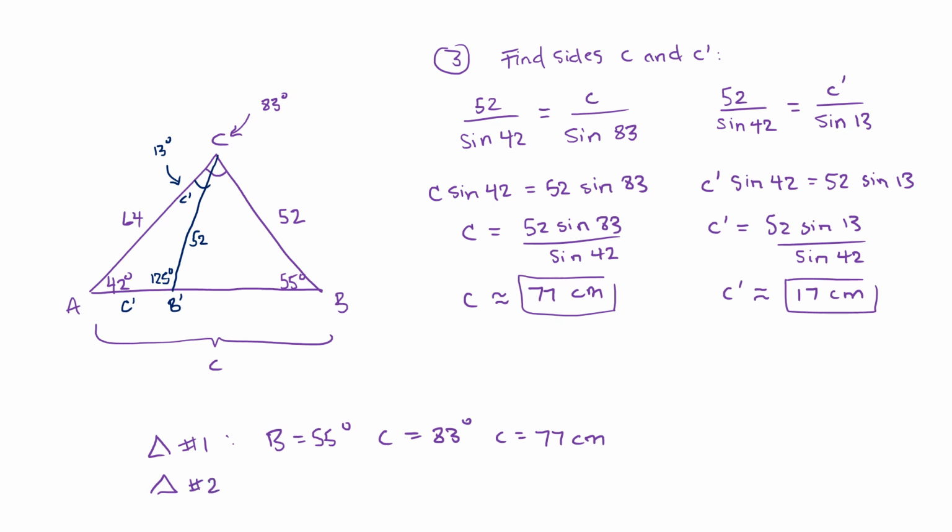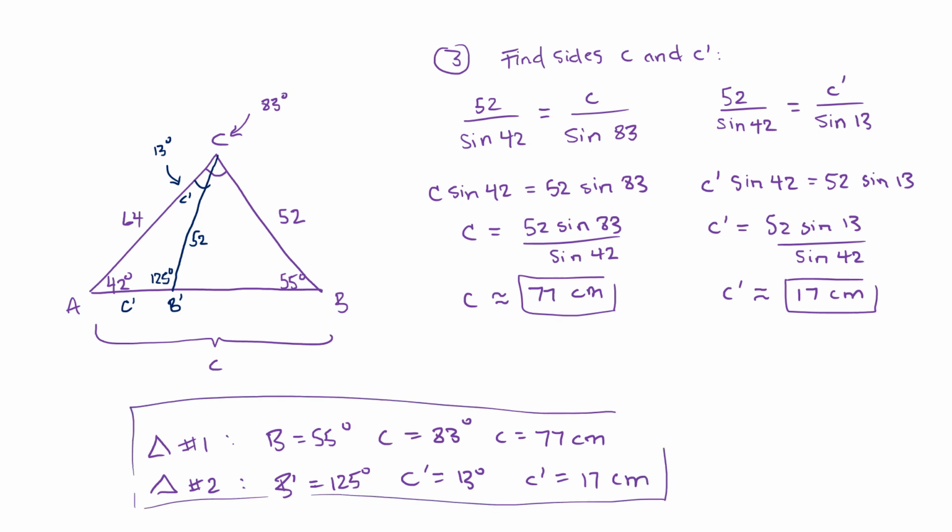Triangle number 2 had the missing parts B prime, which was 125 degrees, C prime, which was 13 degrees, and side length C prime, which was 17 centimeters. And that is our answer to this problem.